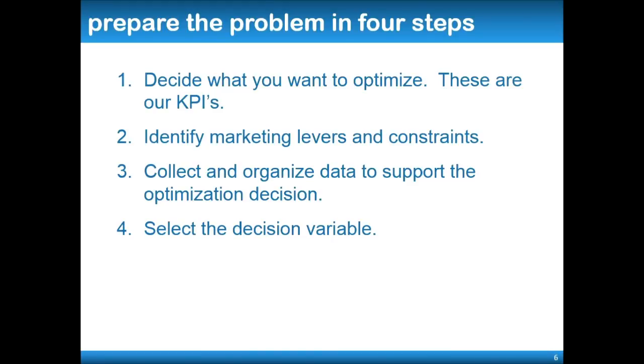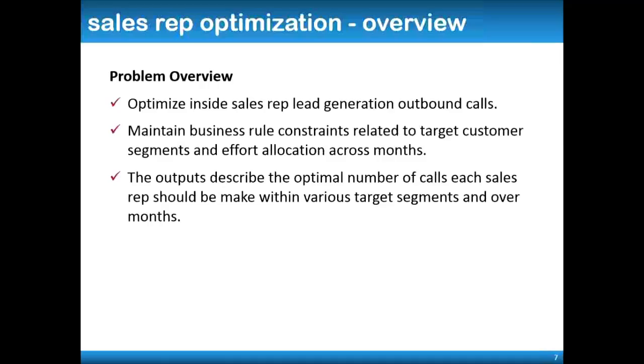So really, it's on the screen here. It's on us to describe the problem, figure out what our supporting data is, and get access to that. Document our objectives, what are our constraints, the business constraints that we have to live with, as well as what's the final decision that we need to make. If we can do all these things well and do them consistently, then the math can get going and do the hard work for us.